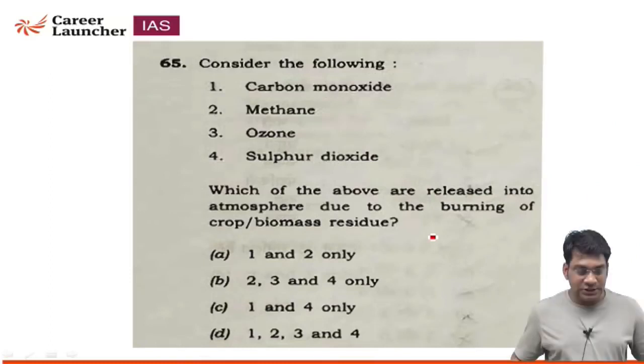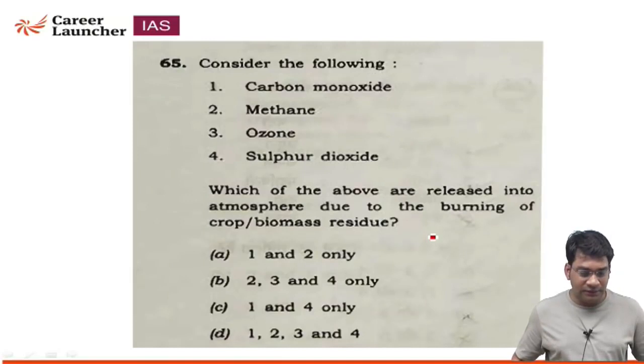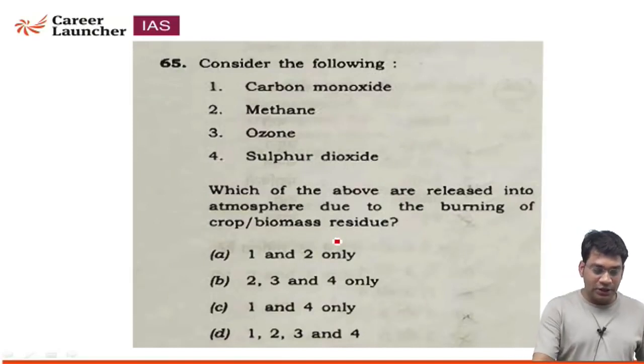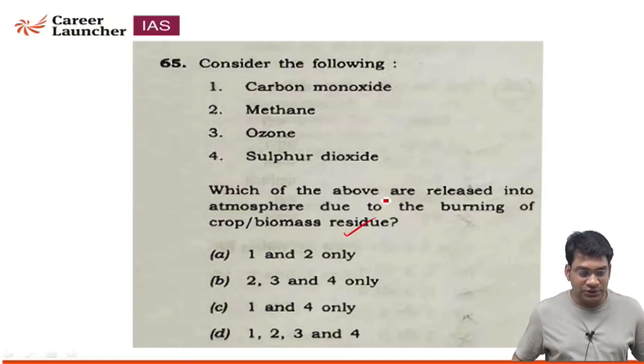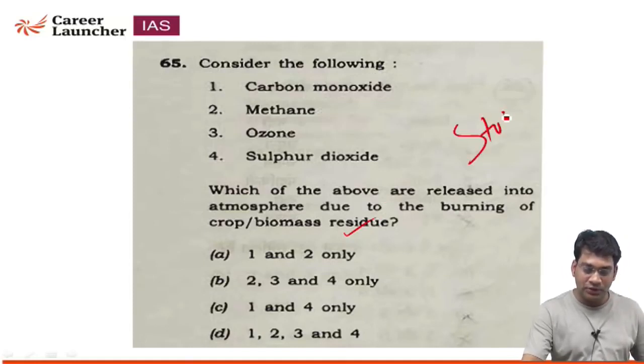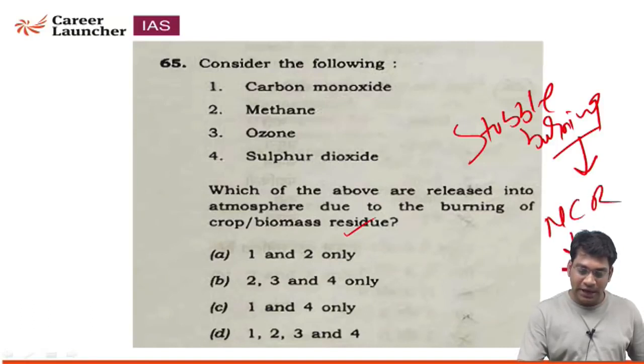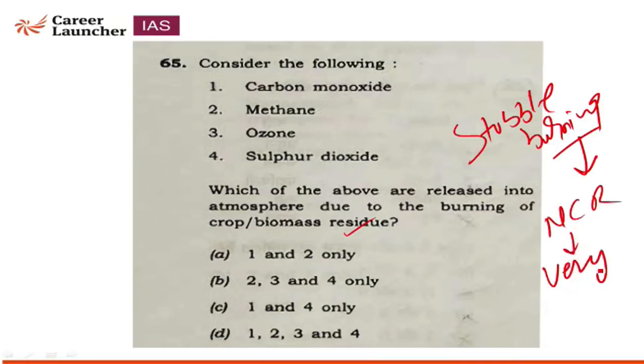Question 65. Consider the following statements. Some gas names are given which are emitted due to the burning of crop or biomass residue. So why was this question given in the prelims examination? Because of stubble burning, the NCR region has very dense fog during the winter season.